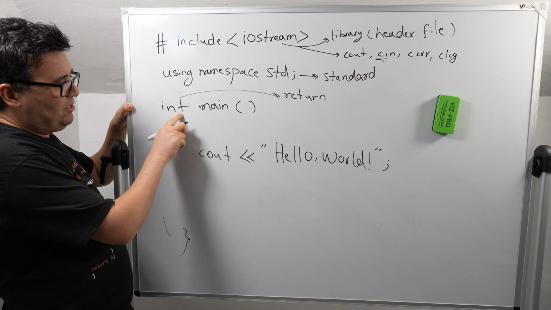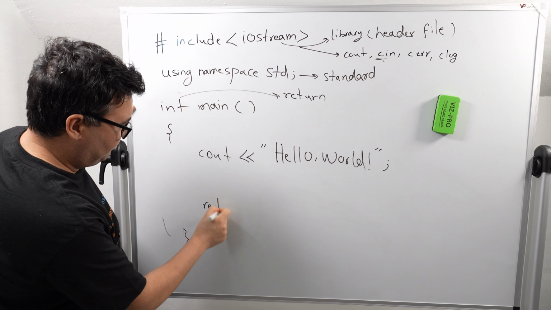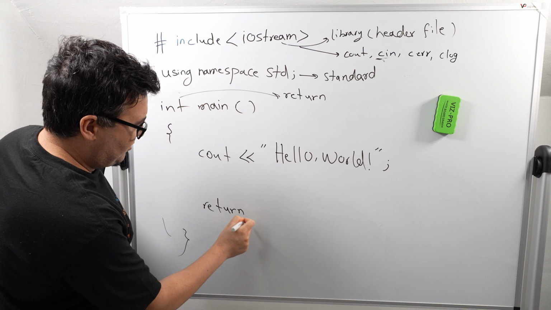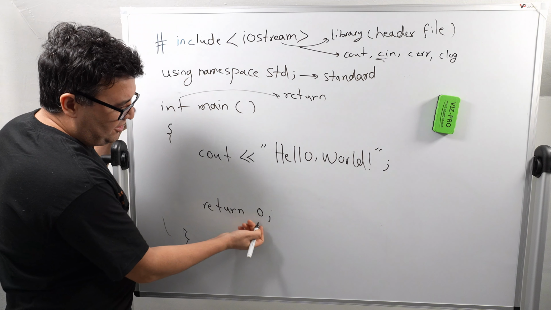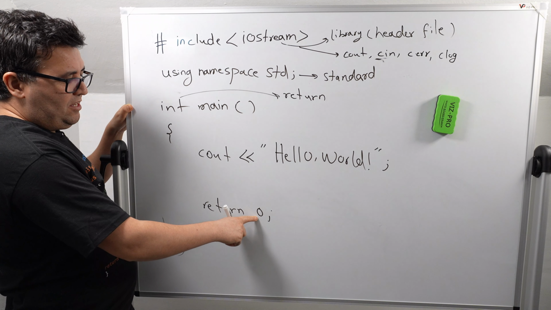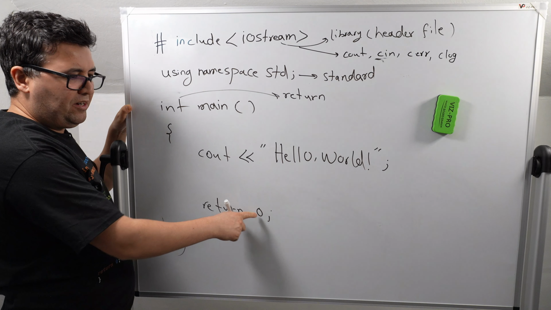The same thing happens here. The main function returns 0. We write a return statement, then 0. Why does the main function always return 0? Because 0 is the first integer value, or whole number.